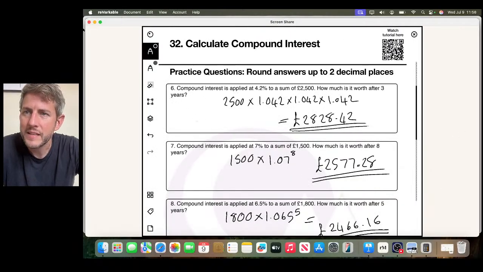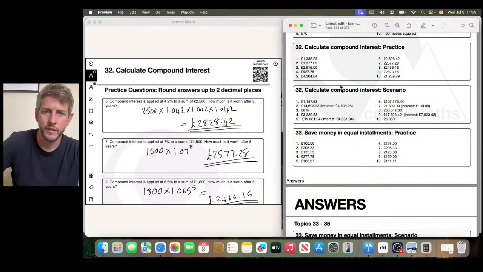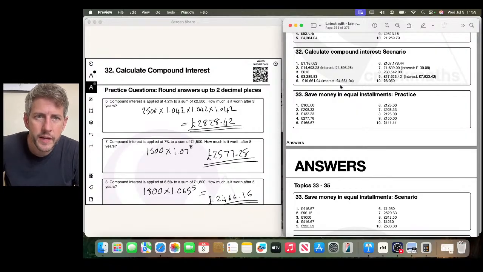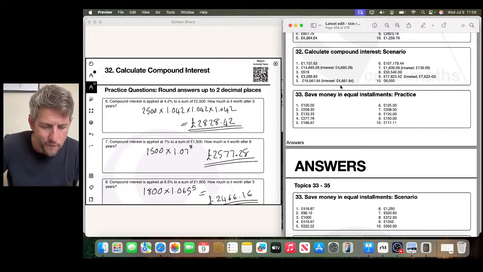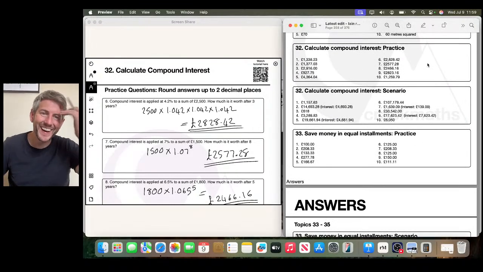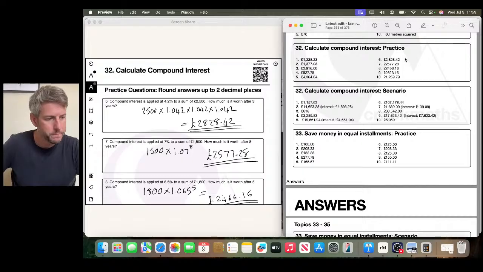Right, let's get these ones marked. Here we go, and then we can continue to move on. So here we go. I have got a completely different answer. Oh no, they're the scenario ones. Oh right, that's all right then. Okay, here we go. 2,828.42.